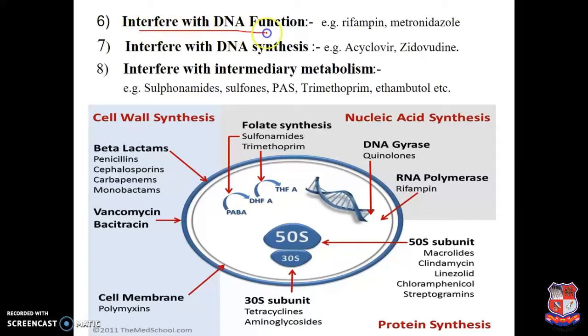Drugs that interfere with DNA functions. DNA is the most important material for the development of bacteria as well as microorganisms. Rifampin as well as metronidazole are the best examples from this class.